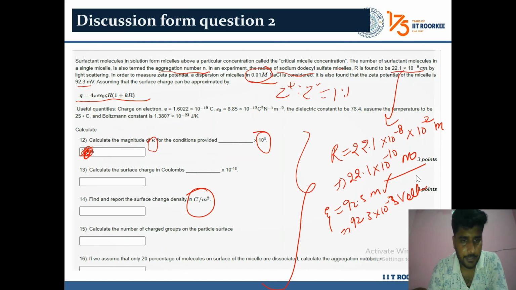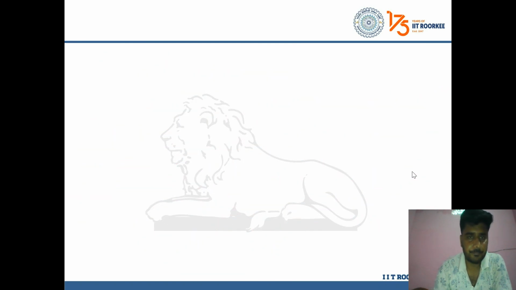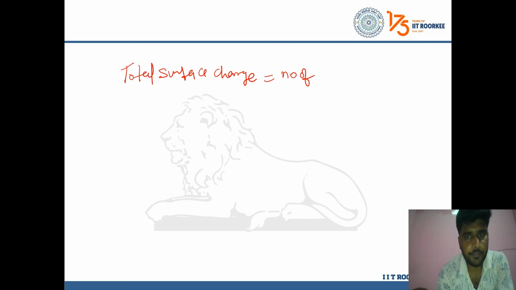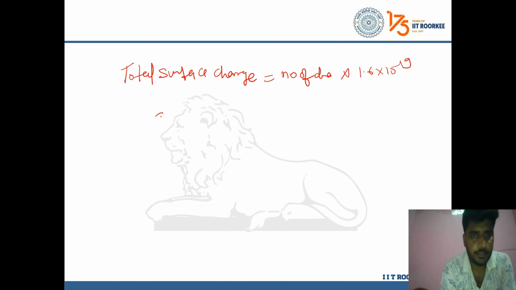After that, you have to calculate the number of charged groups on the particle surface. The total surface charge is equal to the number of dissociated groups multiplied by 1.6 times 10 to the minus 19. You have the total charge value, that is 3.06 times 10 raised to minus 18.